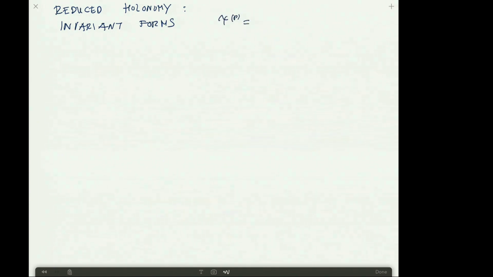For special holonomy, or reduced holonomy, there are invariant forms which can be constructed out of the covariantly constant spinor.